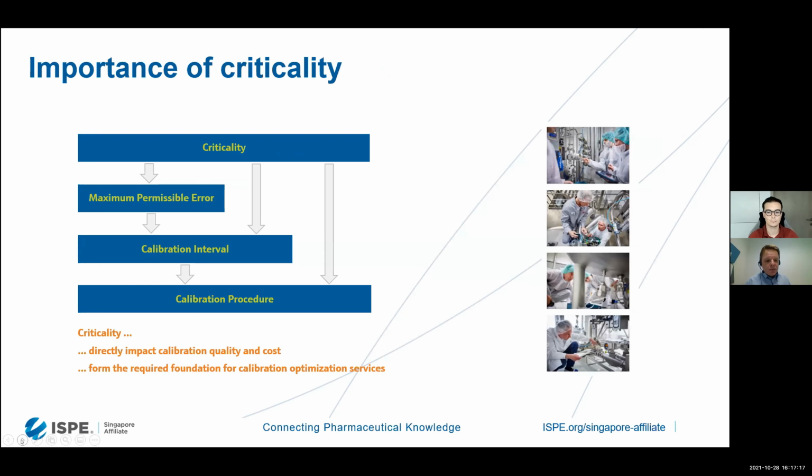Why is it important? Because, say, for instruments, you cannot set the correct values of the maximum permissible errors or the tolerances of your measurement points if you don't know how critical this measurement point is for your process or for your plant.